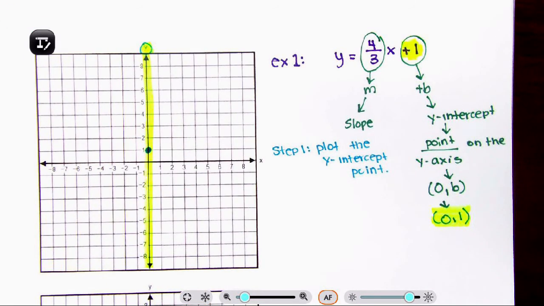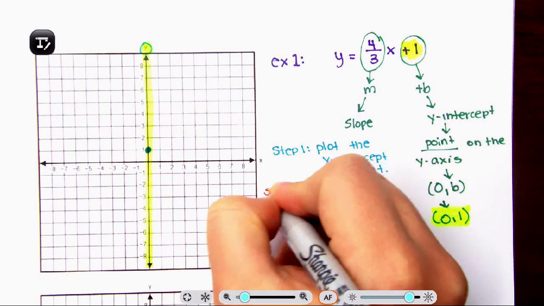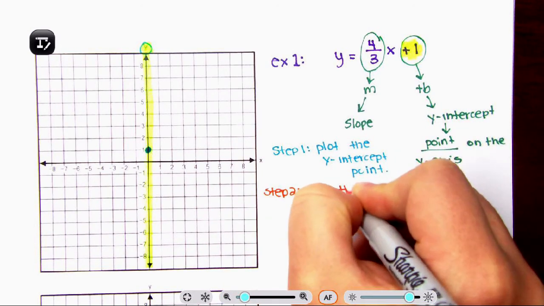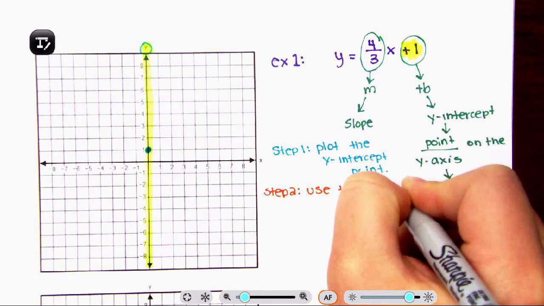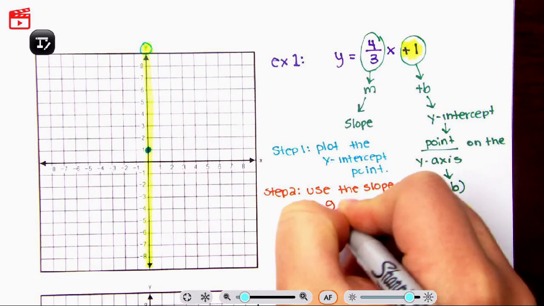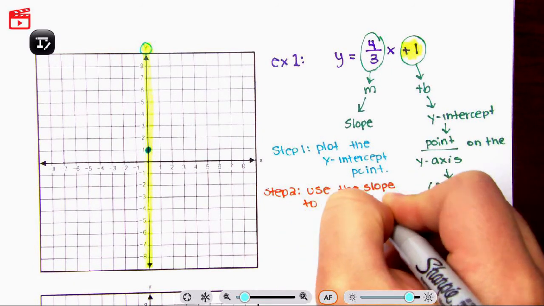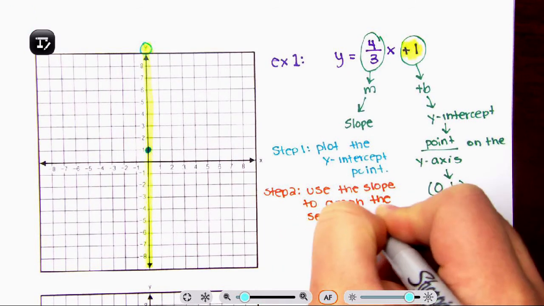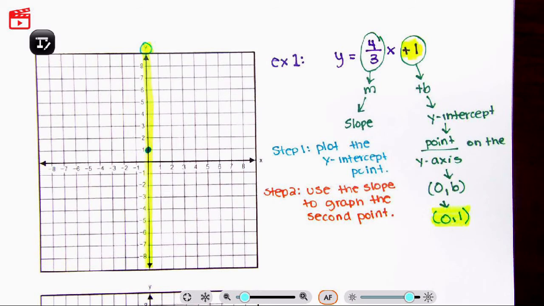Next step is to use the slope to graph the second point. So here's your slope.